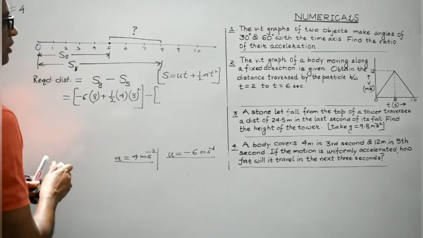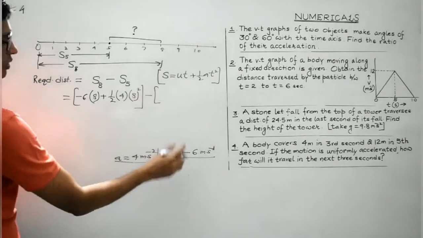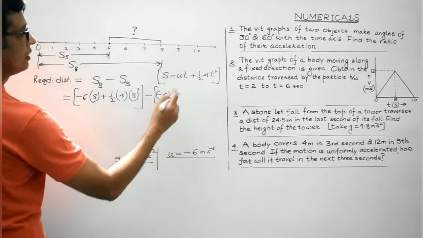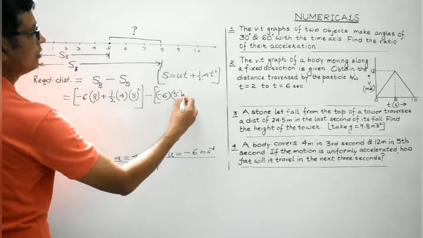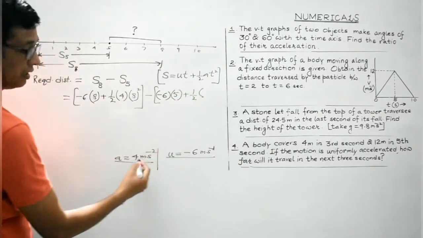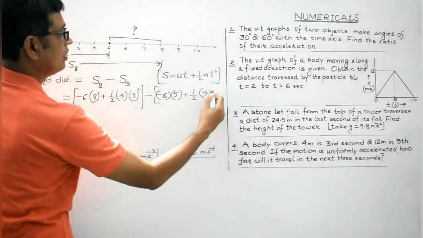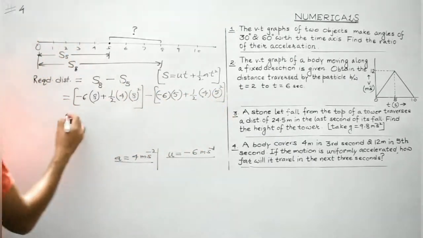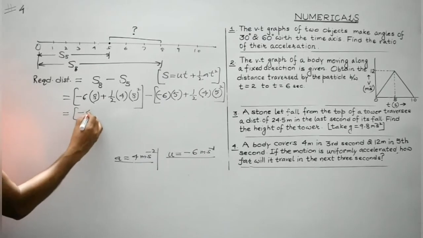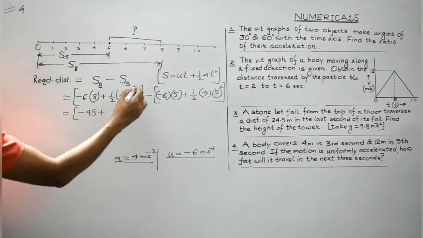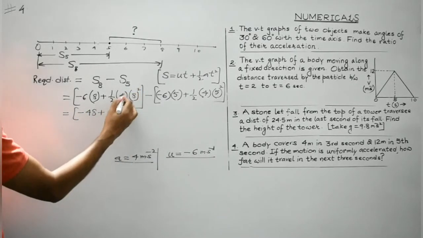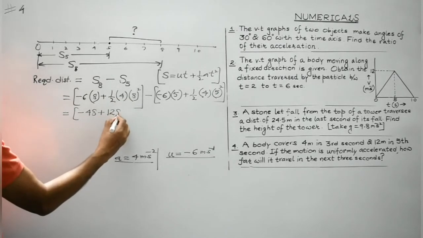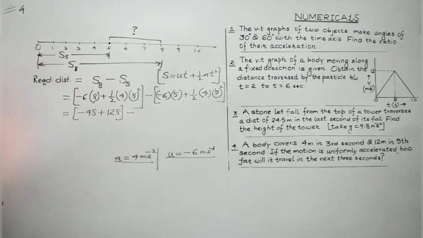S5 can be similarly obtained. It is ut, u is minus 6, t is 5, plus half, a is 4, and t square, that is 5 square. Okay, let's solve that. So it will be minus 48 plus 64 into 2, 128. Right?